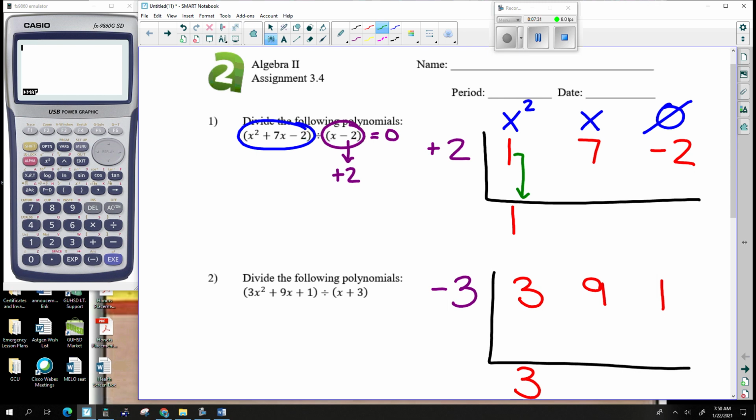And then what you do is with this outside number, you multiply this bottom number. You multiply whatever that bottom number is. So here, the bottom number is 1, so I go 2 times 1. 2 times 1 is 2. And you write that number up below this next part. So 2 times 1 is 2, and so I write in 2.